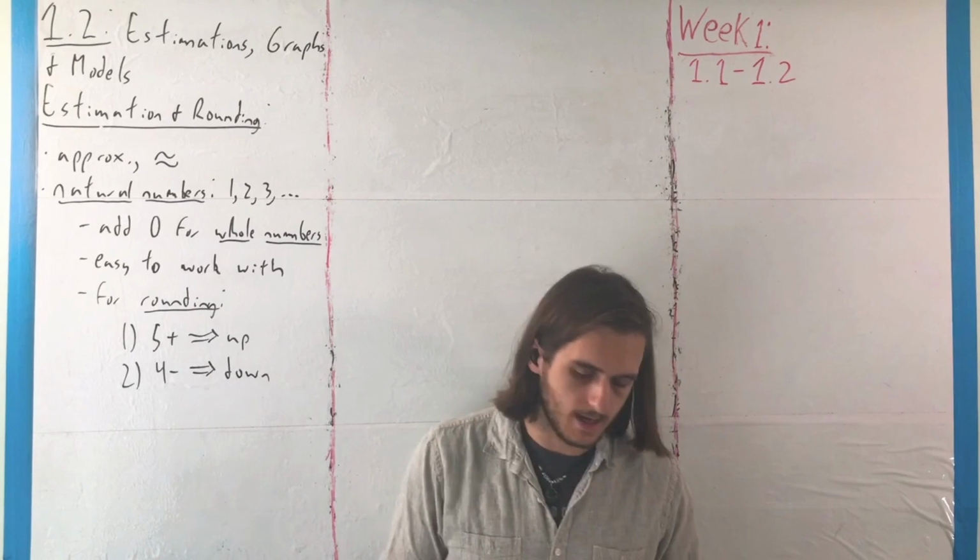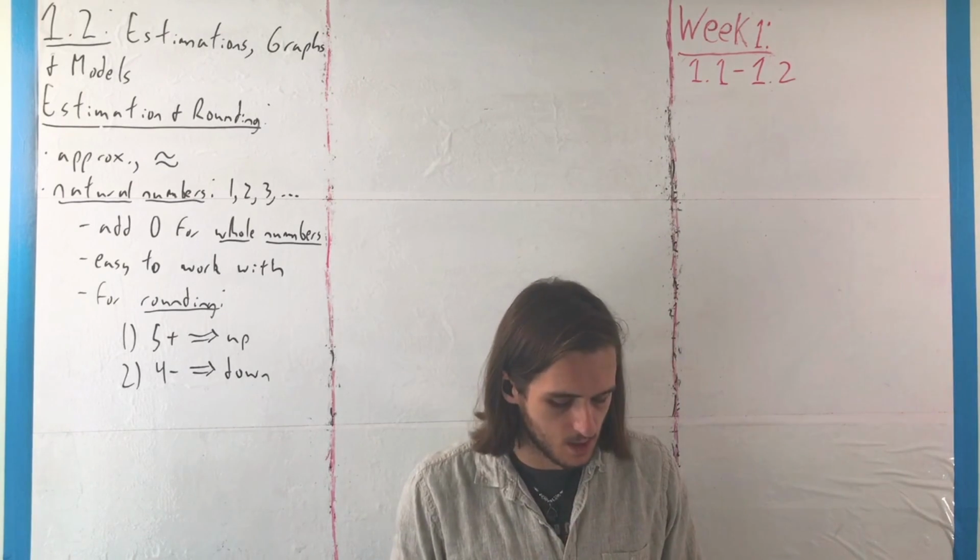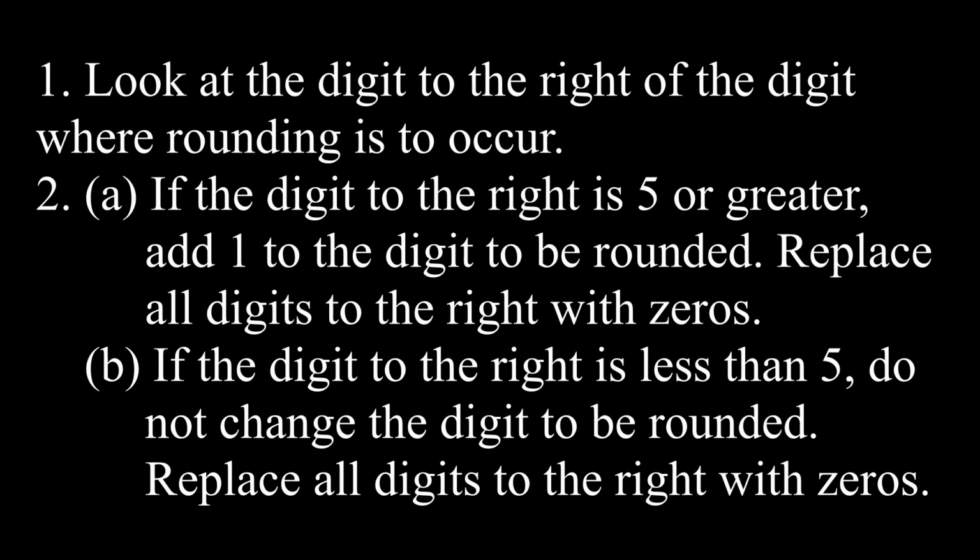To be a bit more exacting in our process, when we want to round, we look at the digit to the right of where rounding is to occur, then see if it is 5 or greater, in which case we add 1 to the digit to be rounded and drop everything else. If it's less than 5, then you don't change it.